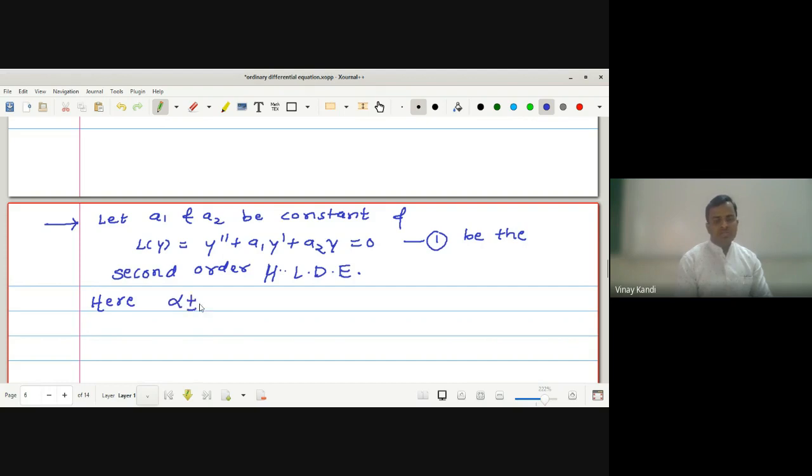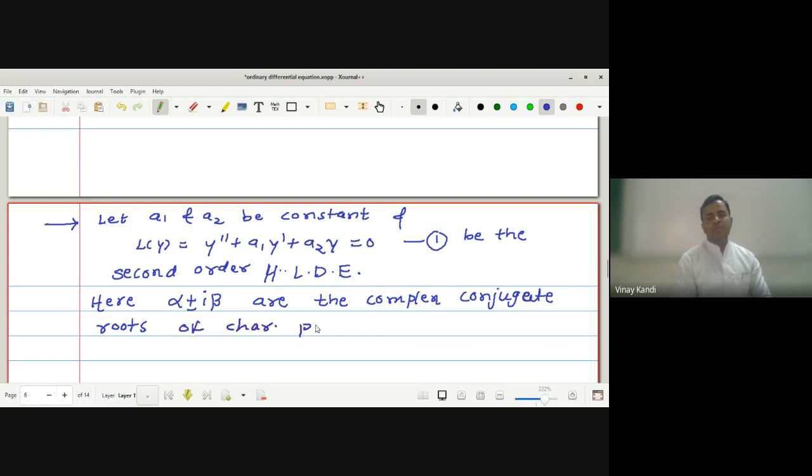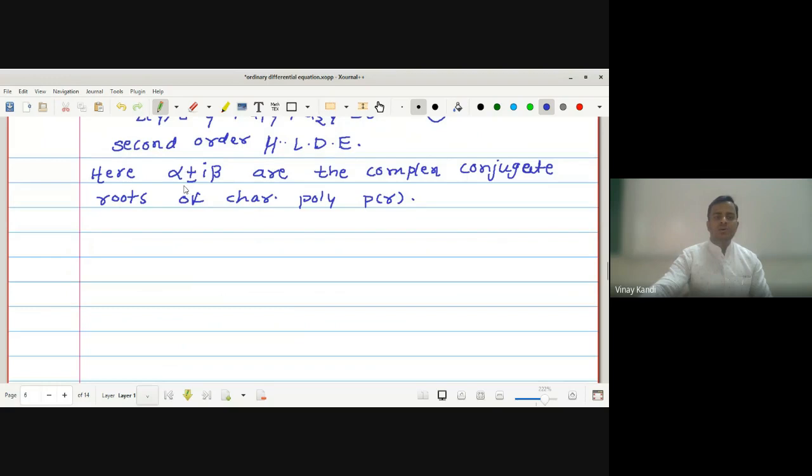Okay, here alpha plus or minus i beta are the complex conjugate roots of the characteristic polynomial p of r.